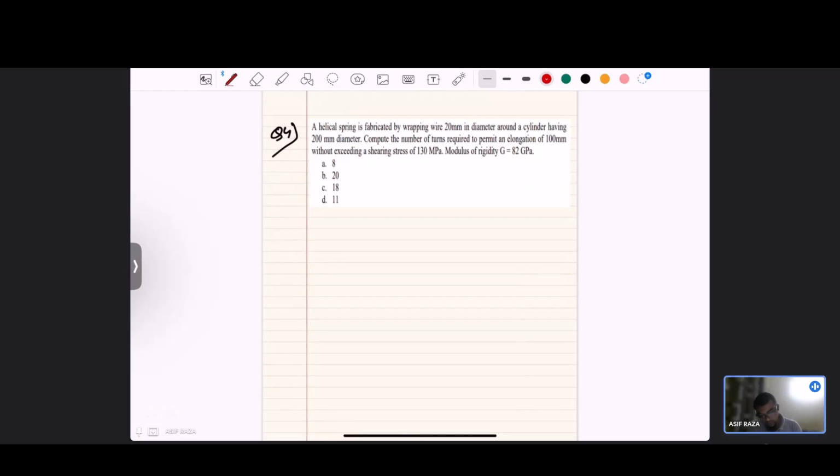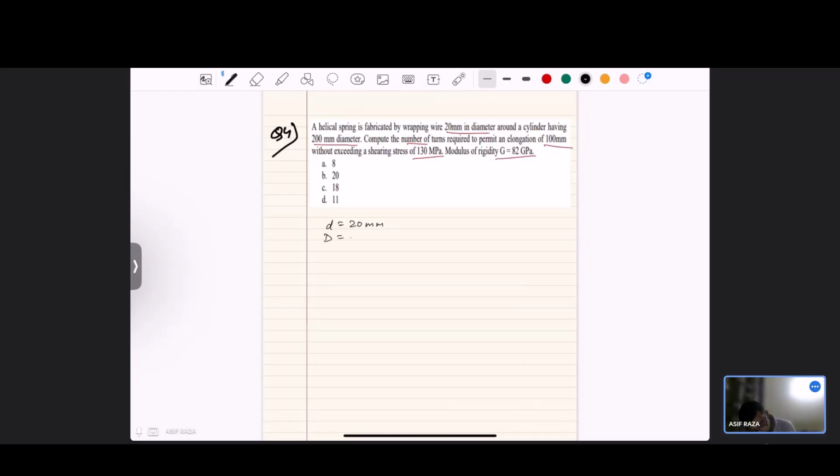A helical spring is fabricated by wire 20 mm in diameter around a cylinder having 200 mm diameter. Compute the number of turns required to permit an elongation of 100 mm without exceeding a shearing stress of 130 megapascal. Modulus of rigidity is given as 82 gigapascal. So let us write first what is given. Wire diameter is 20 mm.